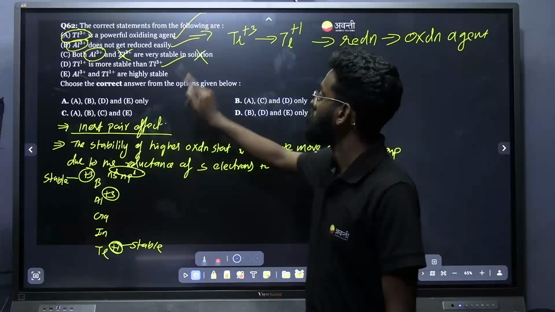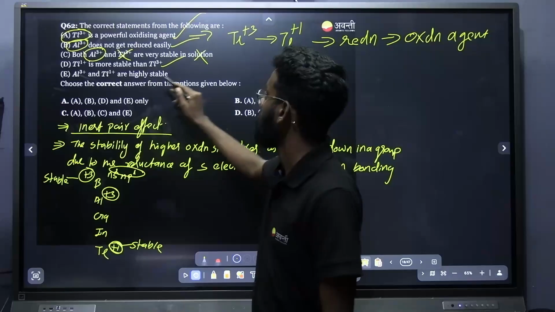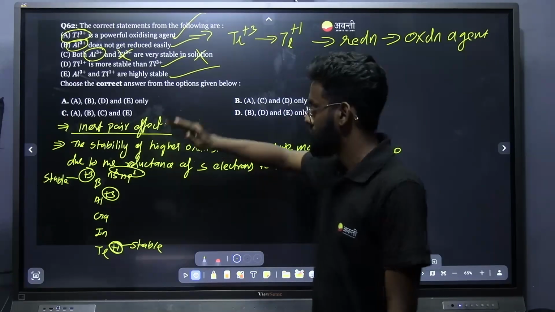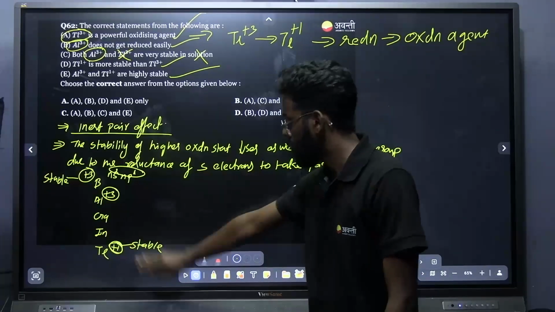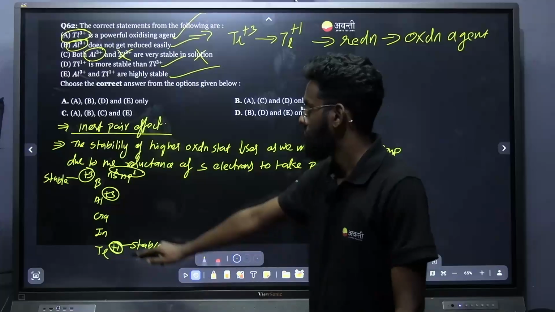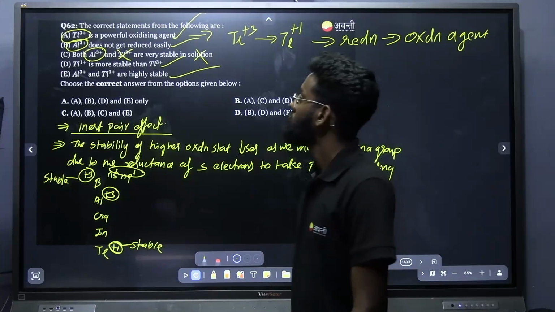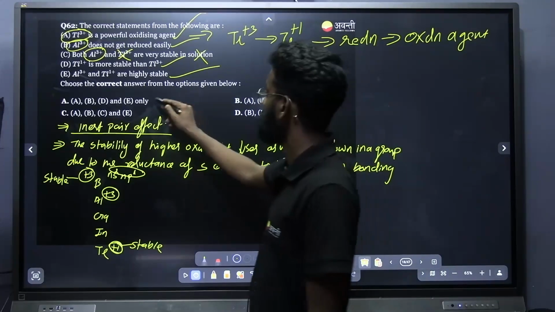So this is correct. Al plus 3 and Tl plus 1 are highly stable. Yes, that is a correct statement. For aluminium, as it is at the top, plus 3 is stable, and for thallium, as it is at the bottom, due to the inert pair effect, only plus 1 is stable. So what is the correct one? A, B, D, E. Option A is the correct one.